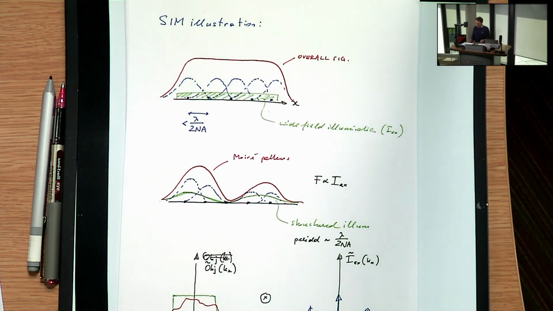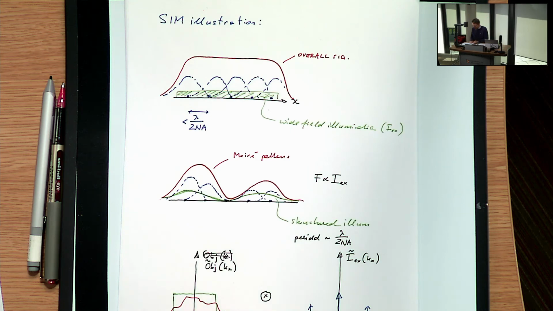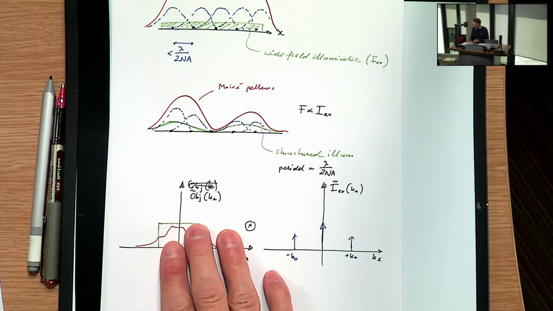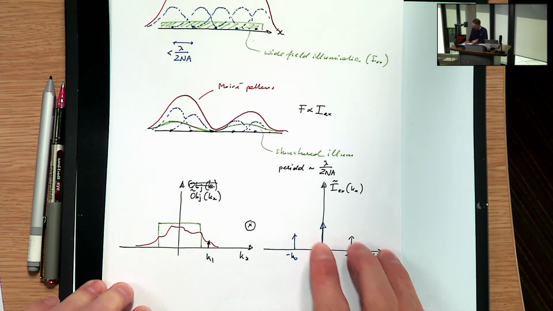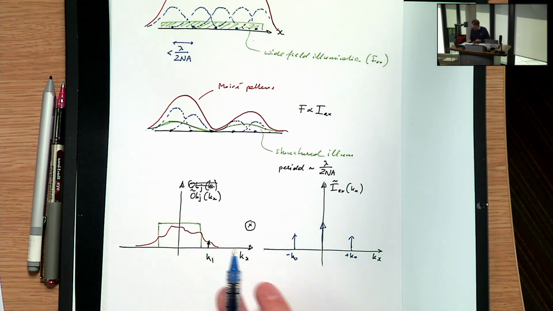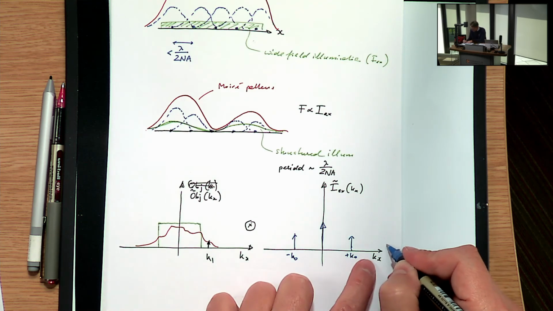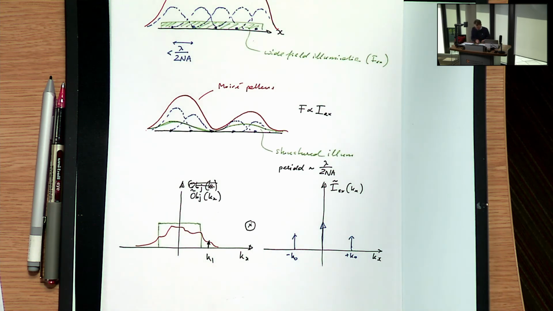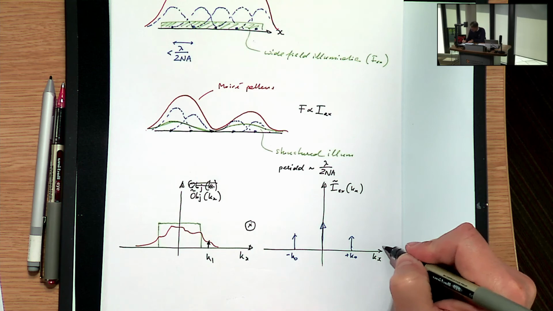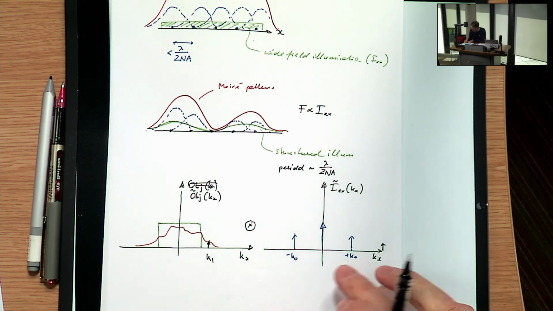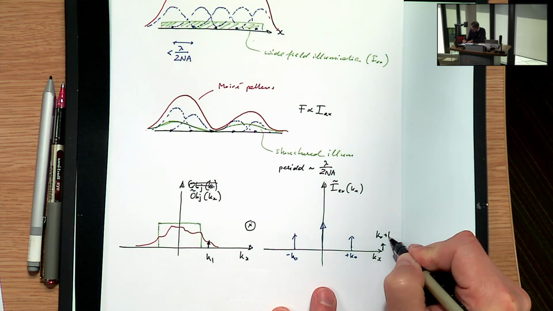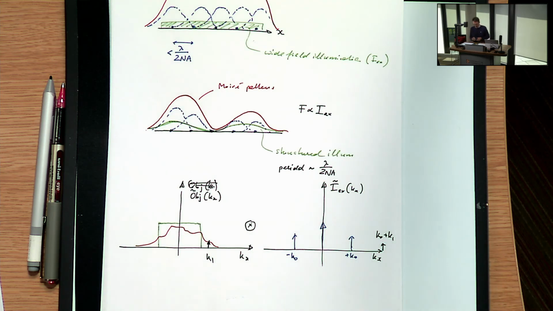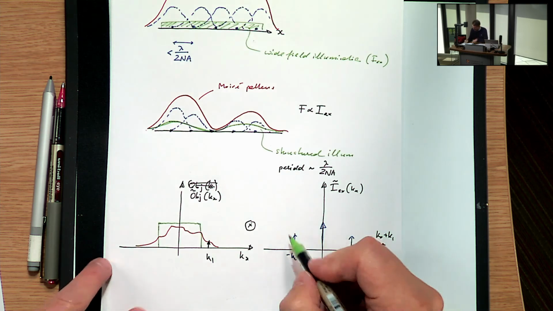Then by the convolution theorem, you get a copy of this spectrum situated here. So you're going to get one copy of K1 to be here. What you'll end up with is K0 plus K1, and that is definitely not going to be passed through your instrument.